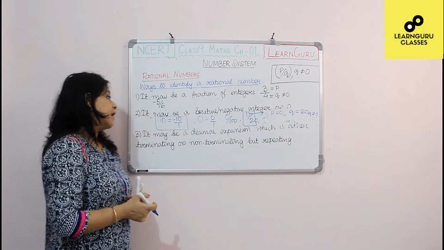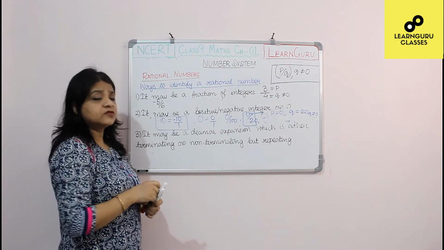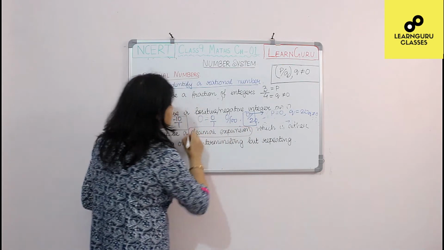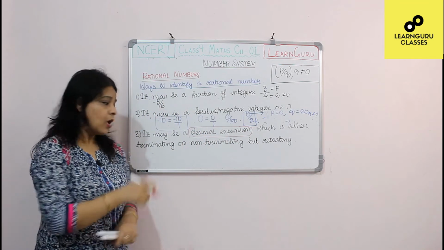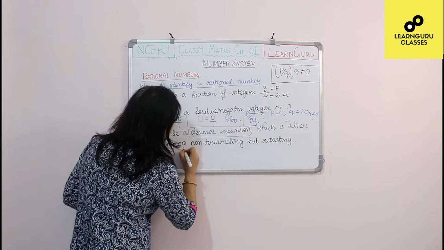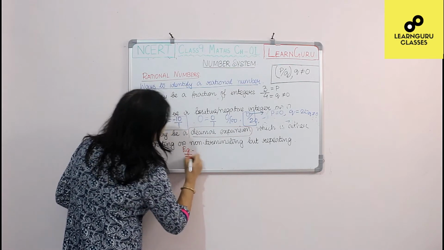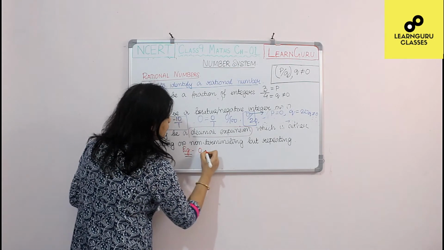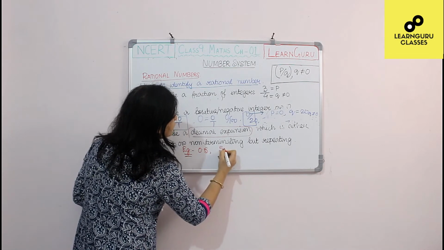Okay, now doubt may arise in your mind that how a decimal expansion can be called as a rational number, because decimal expansion, if you have some rough idea of how a decimal number looks like, it will be something as 0.5 or 5.625.